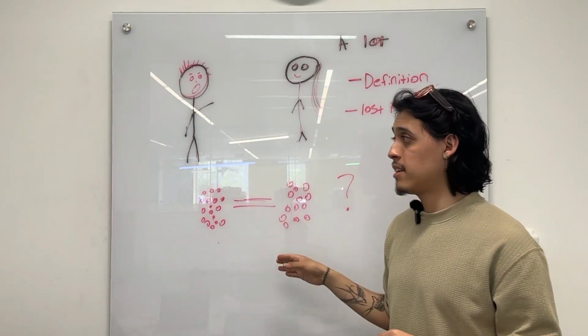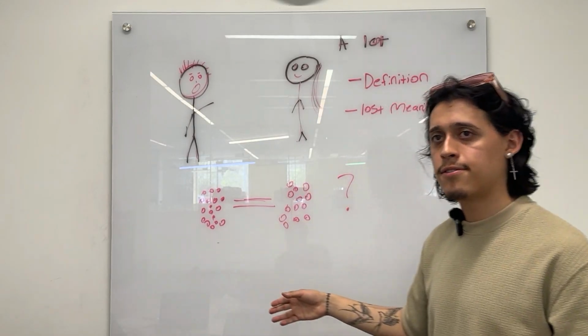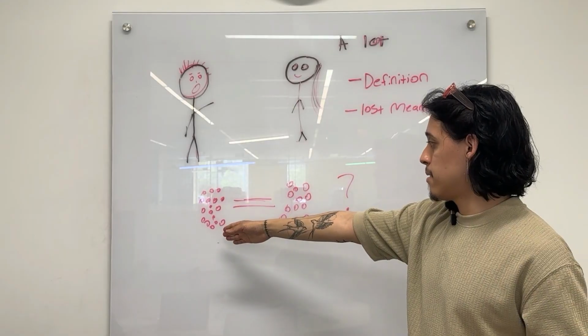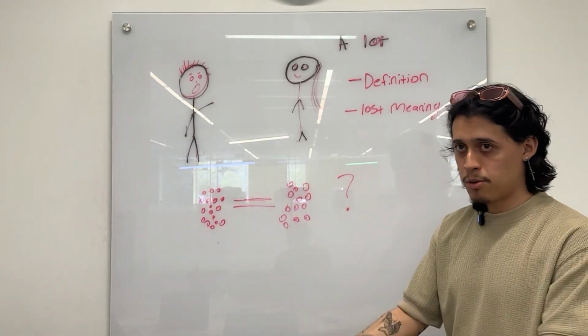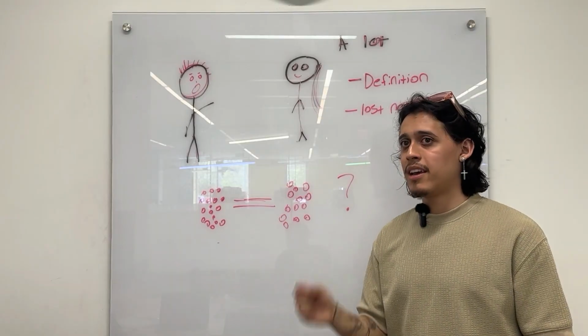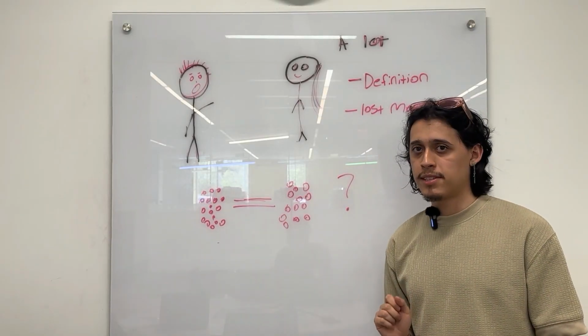And obviously, you're not going to have, I mean, conceptually you can, but going up to a beach, you're not going to have two piles of sand that are identical in terms of the exact number of grains of sand.